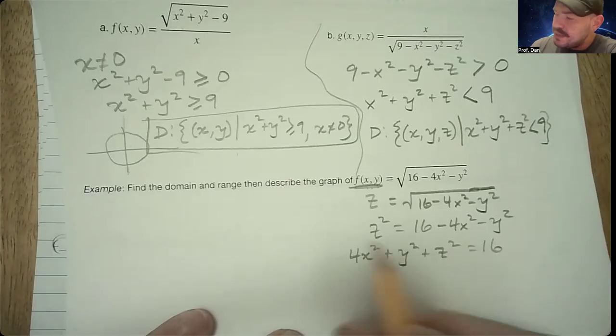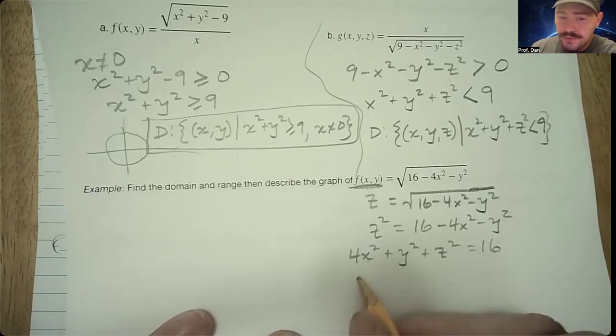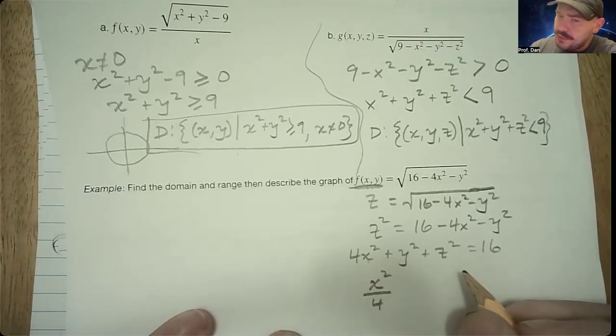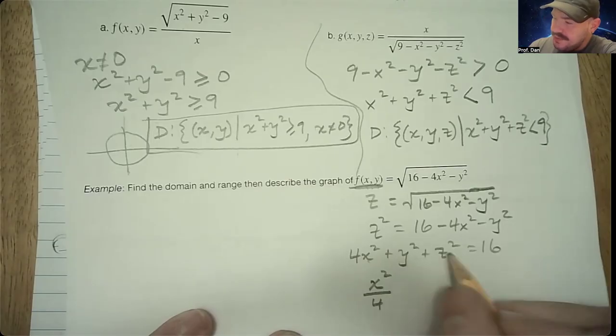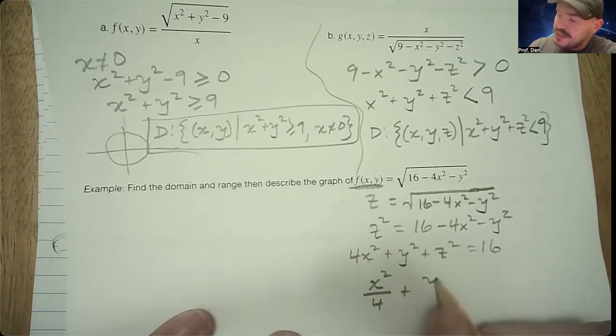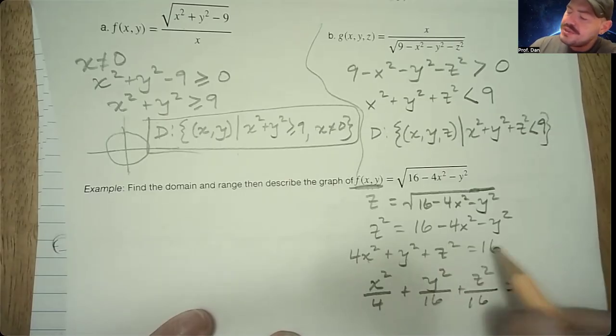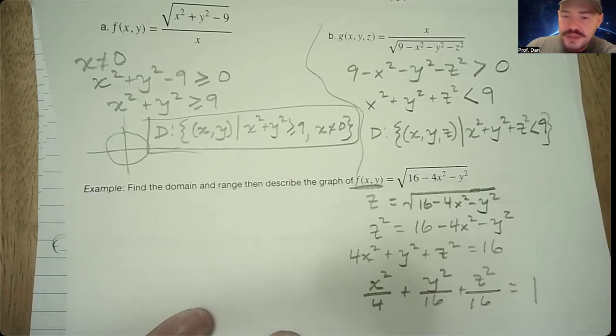So if I divide the first term by 16, 4 over 16 would reduce to 1 over 4, so we'd get x squared over 4. If I divide these other two terms by 16, it's just y squared over 16 and z squared over 16. And of course, 16 over itself is 1.